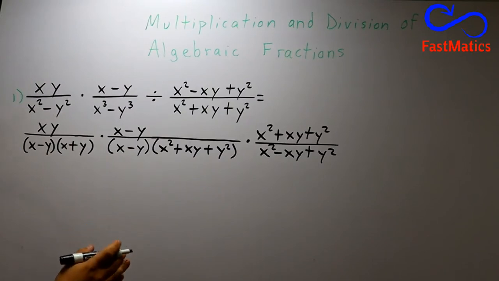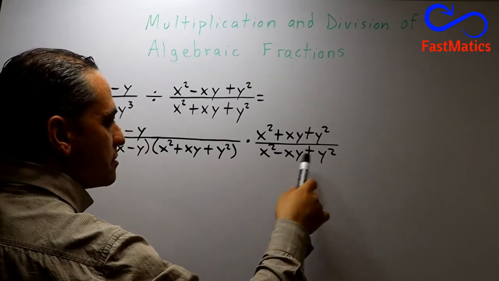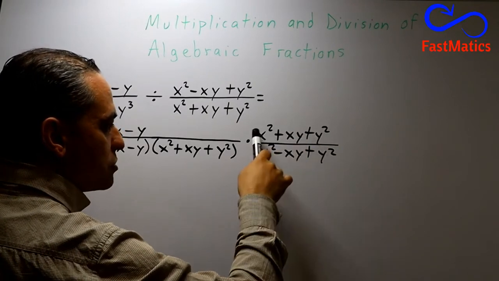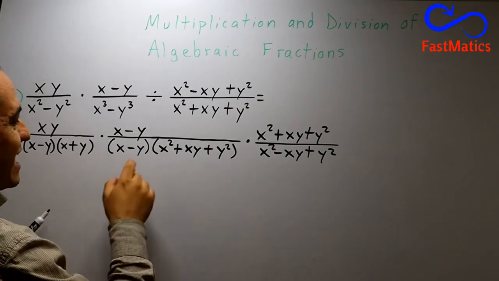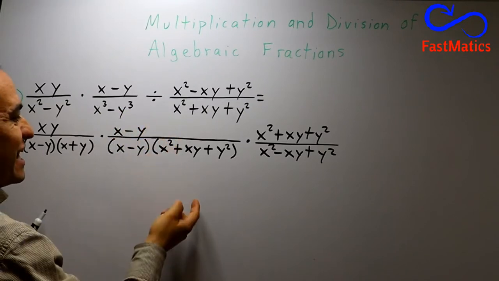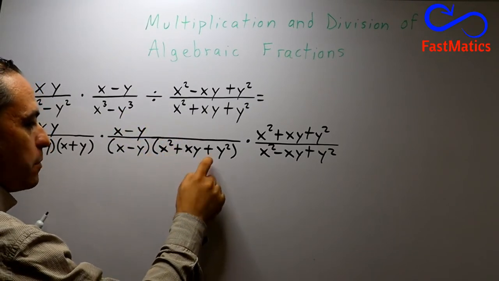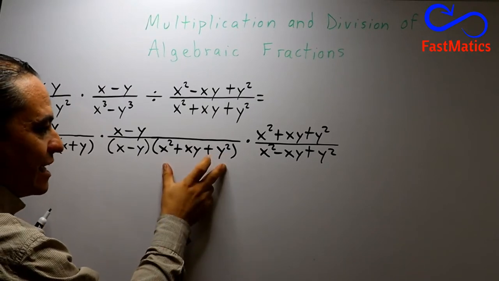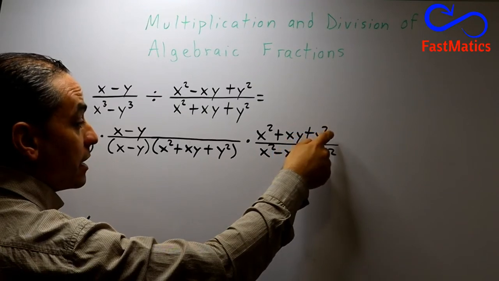And maybe you think, why don't you factorize those expressions? Well, I saw that the factorization of a difference of cubes gives me x squared plus xy plus y squared. And here I have x squared plus xy plus y squared.